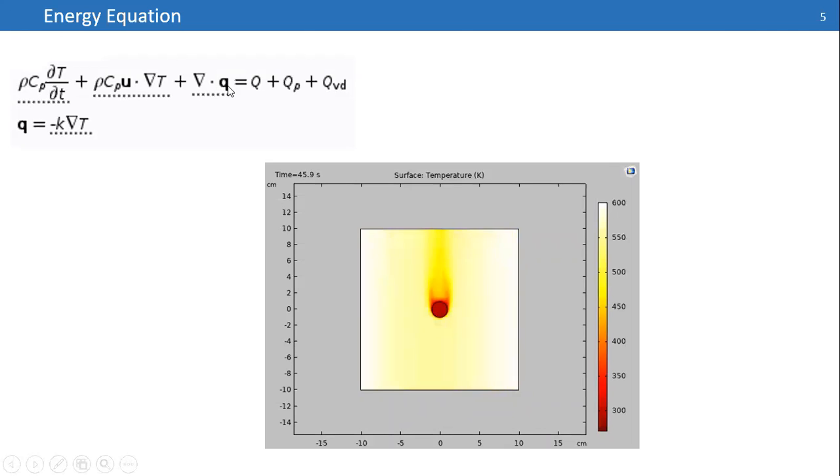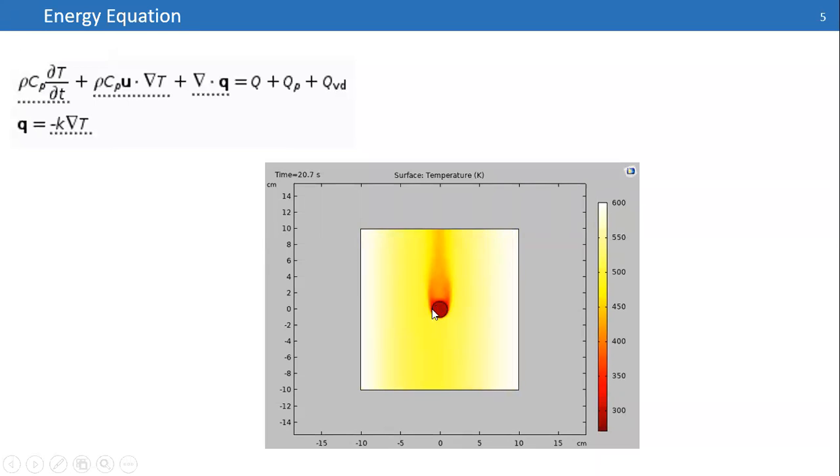And here we have the conduction behavior, and here we can have heat generation sources if we have, for example, microwave heating, induction heating, or a reaction, where heating is happening inside your particle.